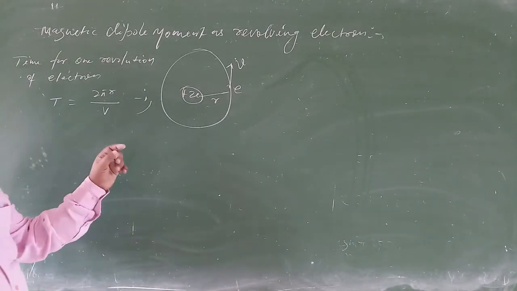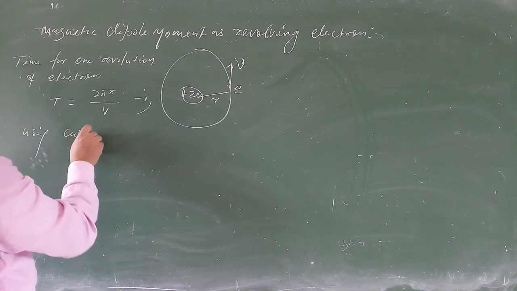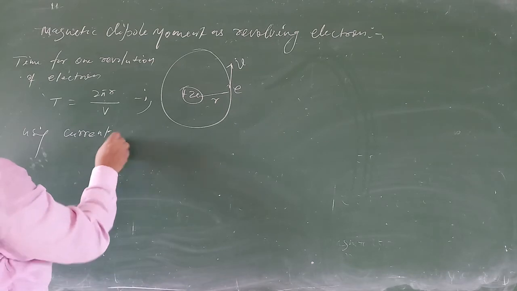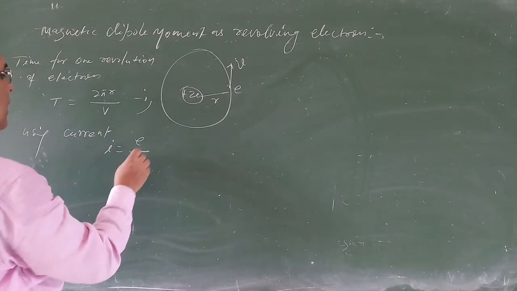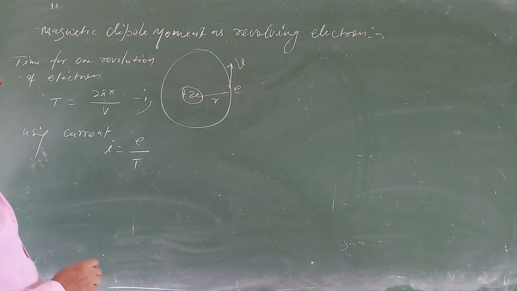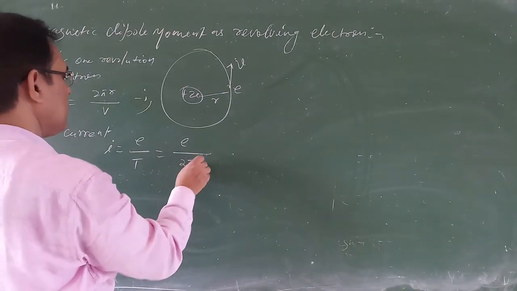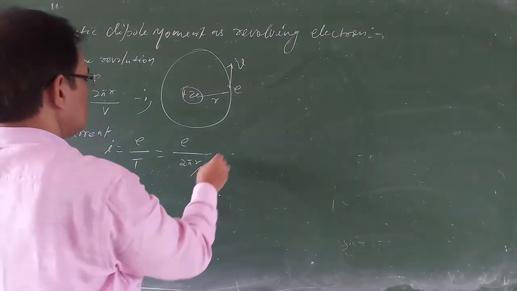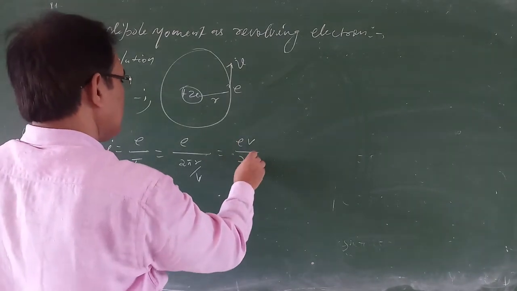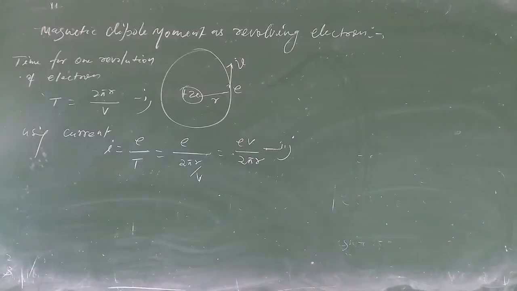Now find out the current using the formula current I equals q by t, charge by time. Here the charge is the charge on the electron, e, so e by T. Now put the value of T, so e by 2 pi r upon v. So you are getting ev by 2 pi r. This is equation number 2.